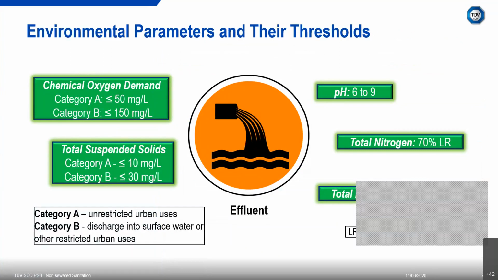The environmental parameters of ISO 30500 requirements are pH, chemical oxygen demand, total suspended solids, total nitrogen, and total phosphorus. The pH threshold is between 6 and 9. For total nitrogen and total phosphorus, the thresholds are 70% and 80% load reduction, respectively.